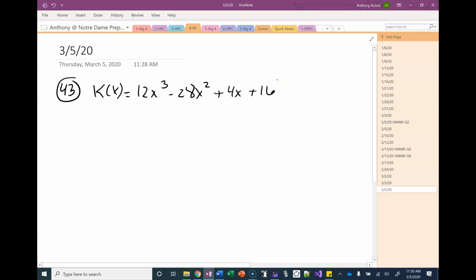Okay. So the first thing that I notice if I look at the coefficients here on 43 is that there's a greatest common factor of 4. So I'm going to factor that out. Okay. And now I'm going to make a list of my possible rational zeros.